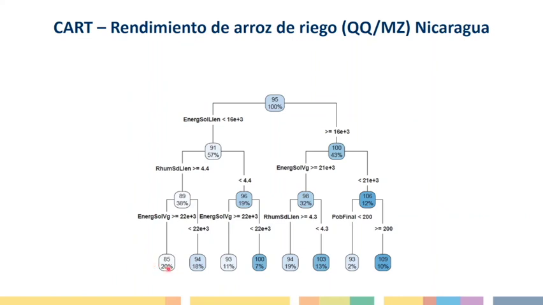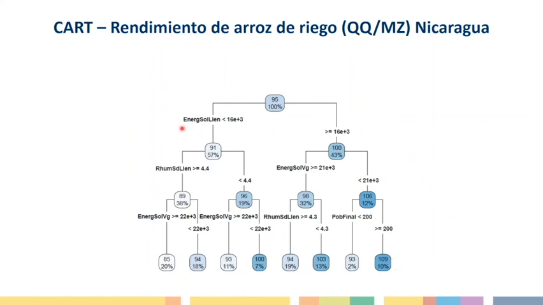So we concentrated on the terminal nodes, where the bluest are the ones with the highest yield. This would be the case of an average yield of 109 quintals.